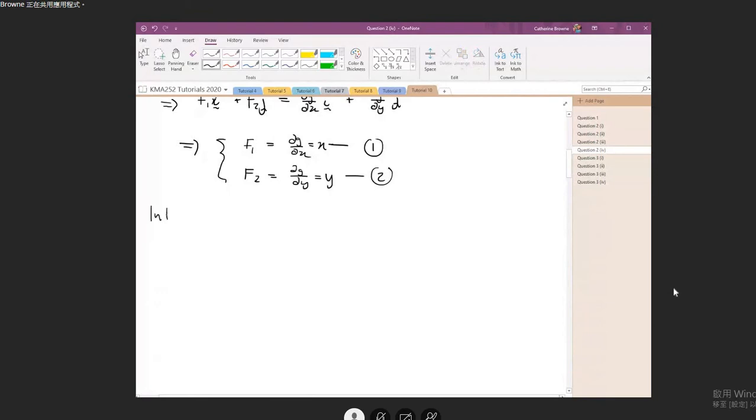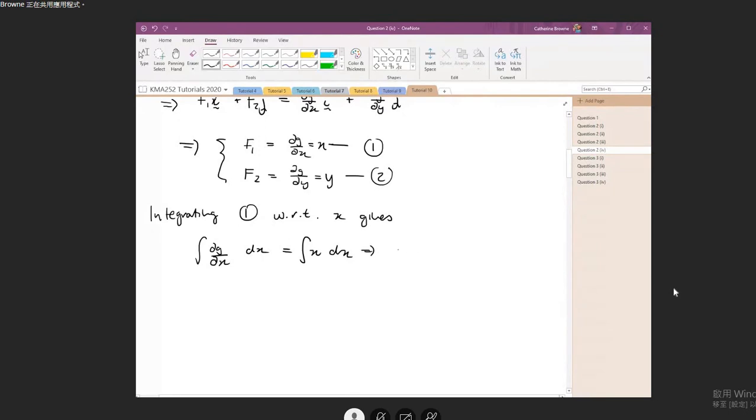Now, integrating 1 with respect to x: dg dx we said was equal to x because it's just equal to f1. So we're integrating x dx.